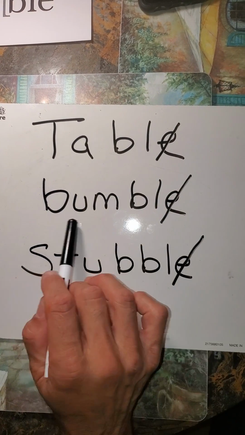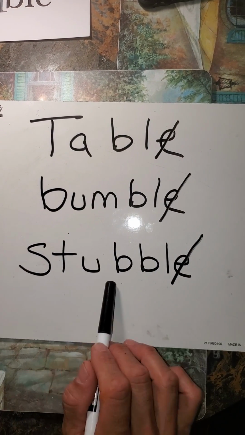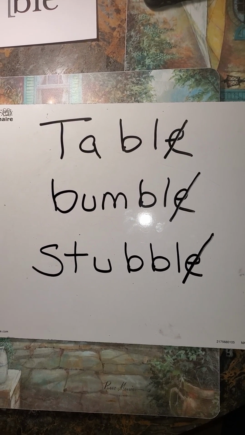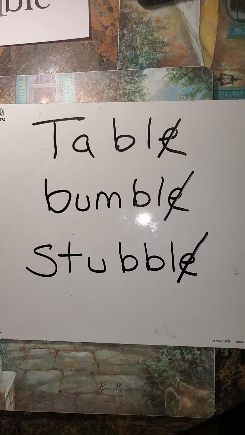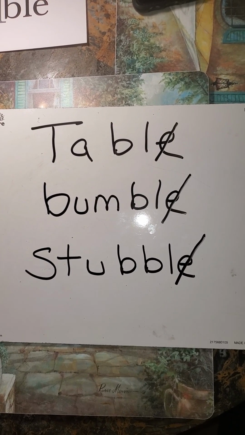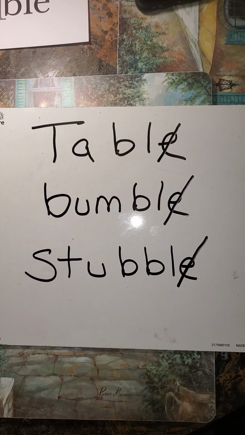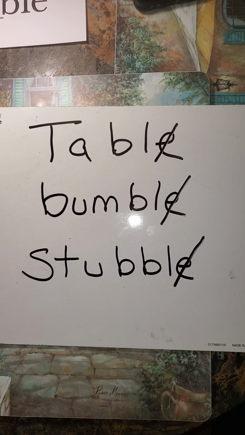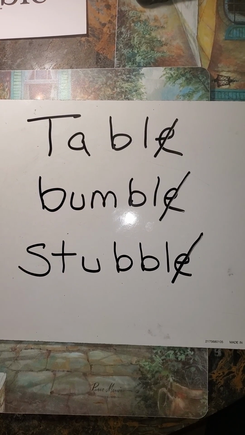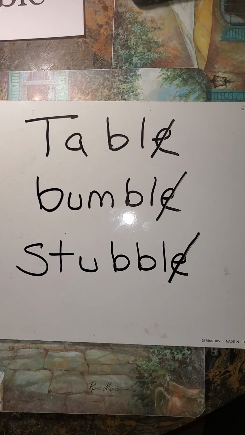Table, bumble, stubble. Can you hear the sound in B-L-E? Where else have we heard this schwa sound? Remember, when we are reading, we often hear the schwa sound in the words the and a.